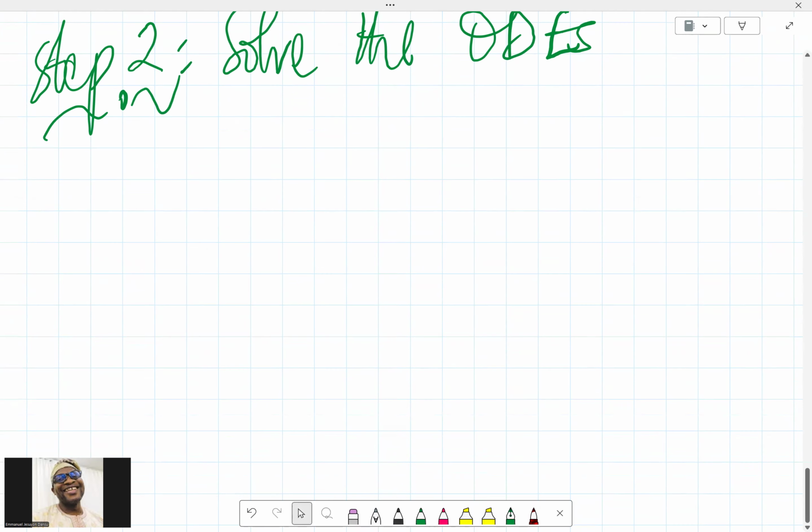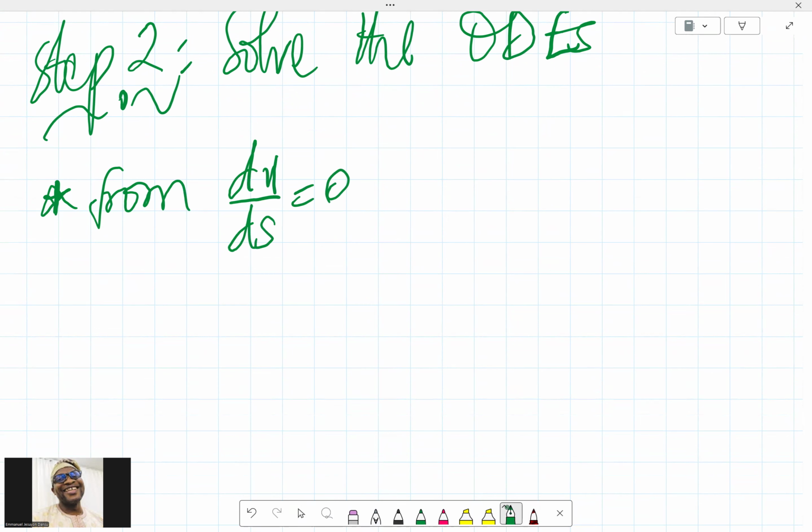First, from du ds equals 0, we simply get u equals c1, because the derivative is 0, which means it's constant.